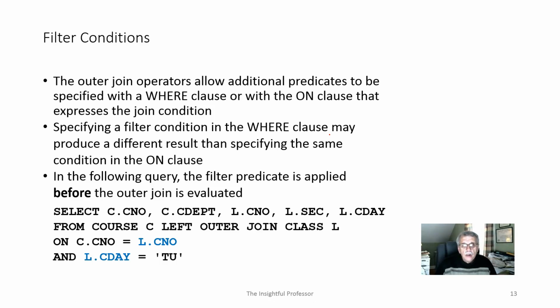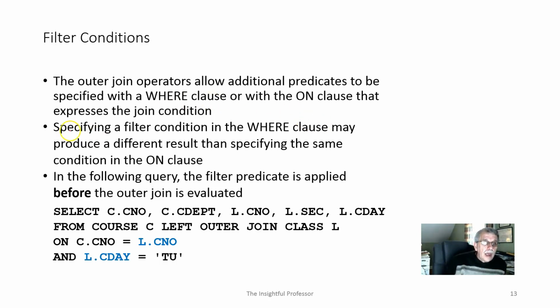We recommend using the where clause to introduce the filter conditions. If you do that with an inner join, then it really doesn't matter where you put the filter, whether you put them on the on or the where. But when you use an outer join, you have to be sensitive to the fact that it's going to behave differently depending upon which table the filter is applied to, whether you include the filter in the on or the where clause. So just be careful with this.